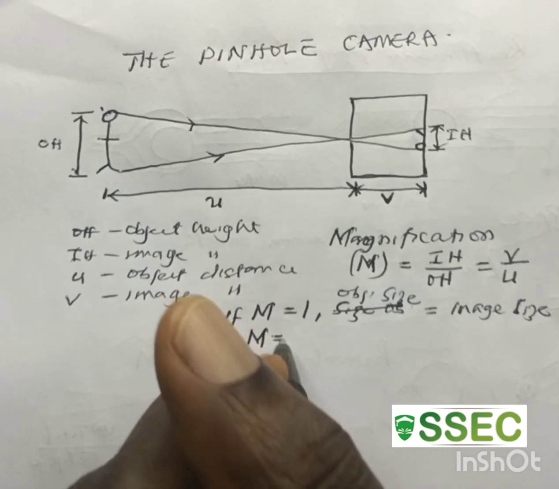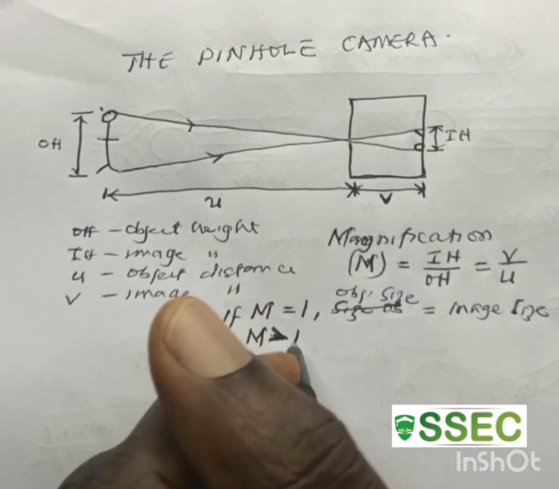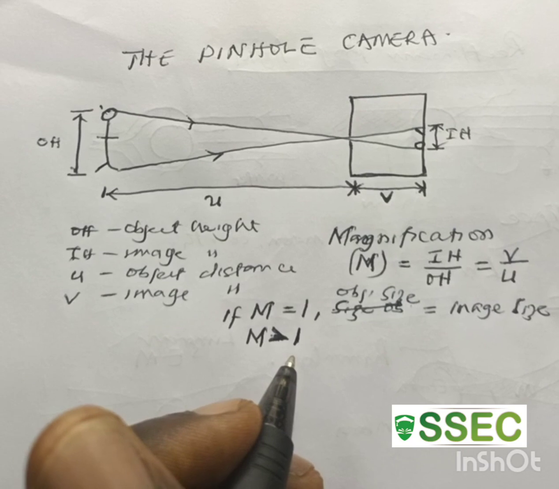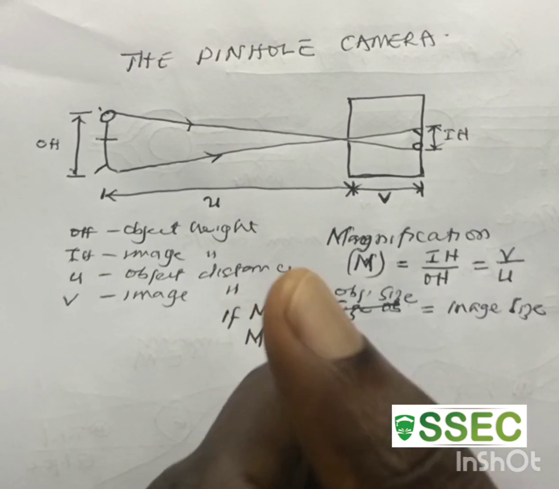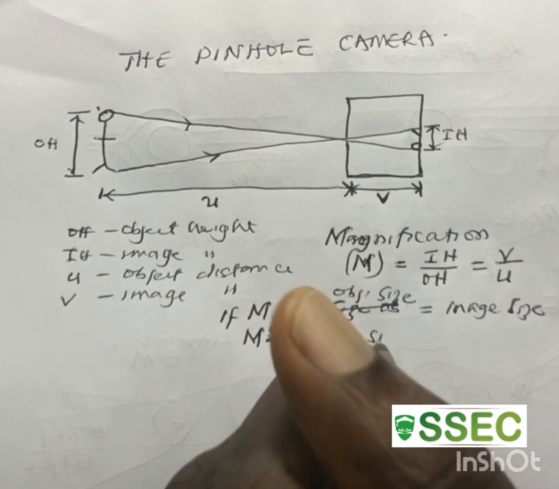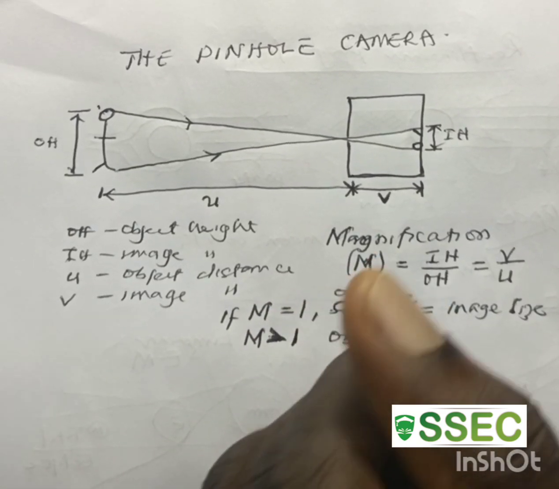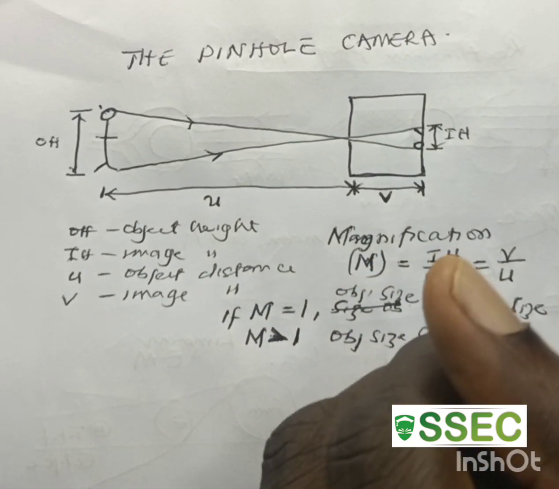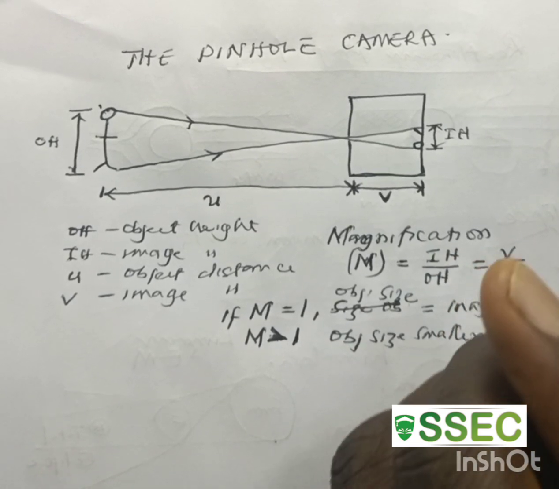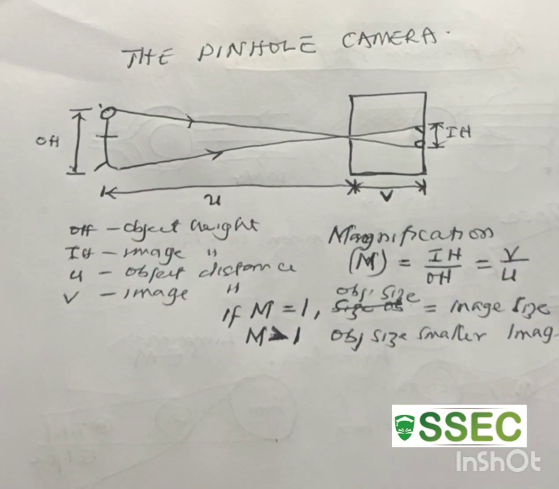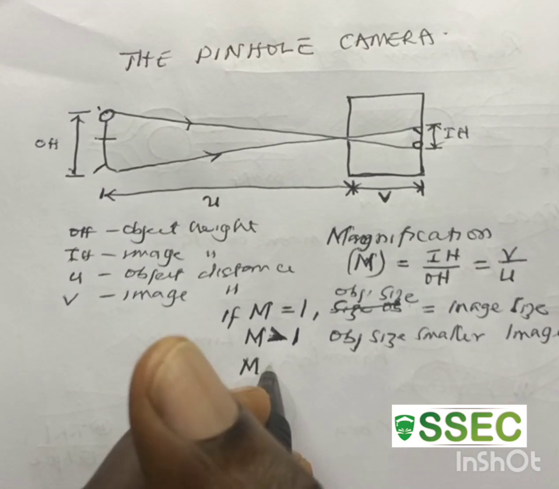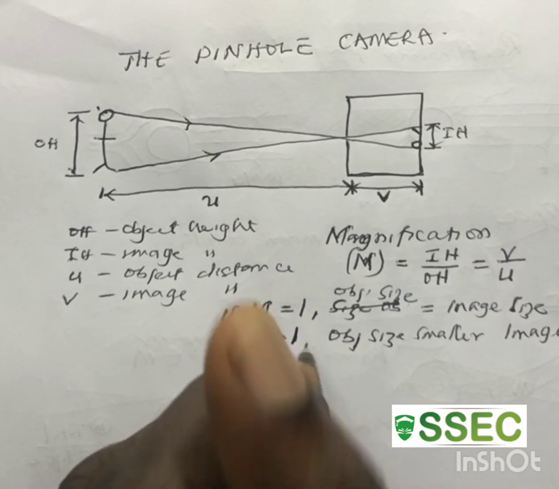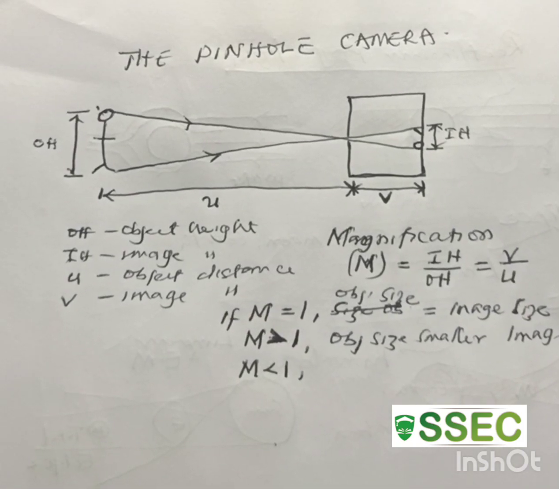If your magnification is greater than 1, what does it imply? It implies that the object size is smaller than the image, or we say the image is bigger than the object. And if your magnification is less than 1, what does that imply?